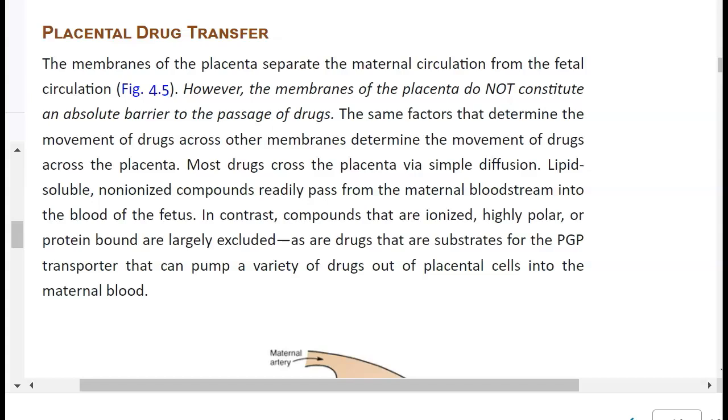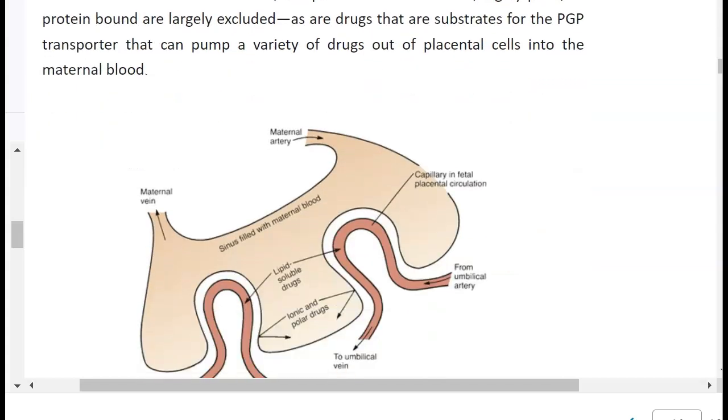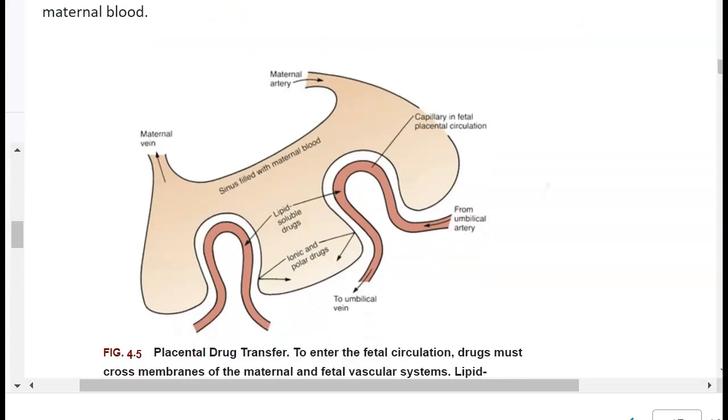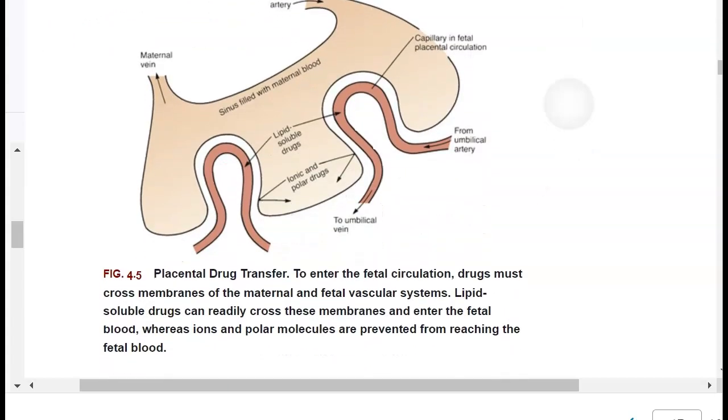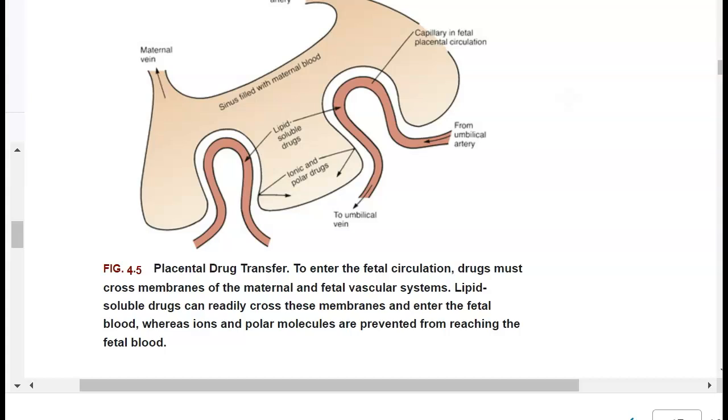But in contrast, compounds that are ionized, highly polar, or protein-bound are largely excluded. So that is an illustration of that. The takeaway here is you have to pay attention to pregnancy as a consideration because you could have an unwanted bad effect on the fetus through the placental transfer. That was an unintended consequence.